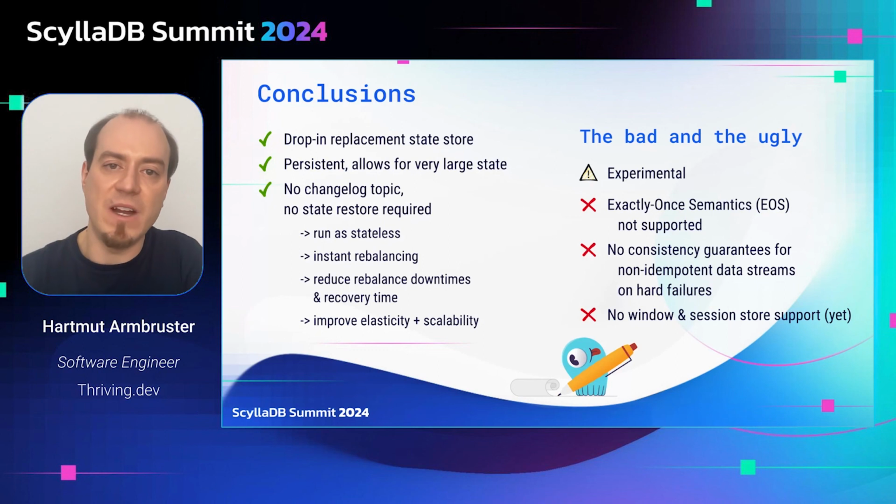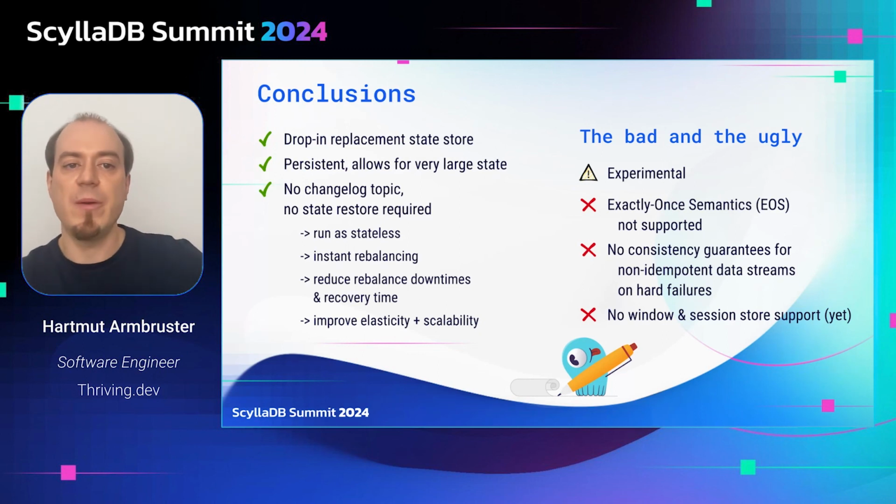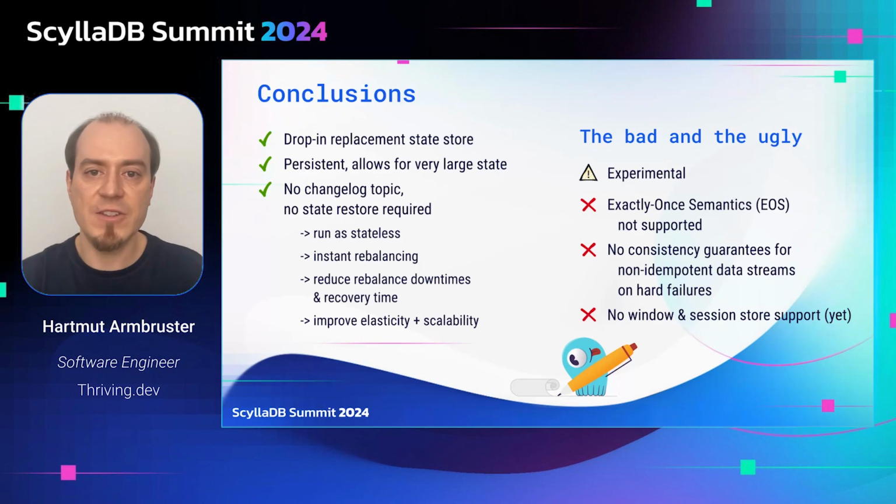Now, there are also drawbacks, as I indicated before. The library is functional, but should still be considered experimental at this point in time. There are good reasons for Kafka Streams to work with local state stores and changelog topics, such as providing consistency guarantees, resilience, and fault tolerance.